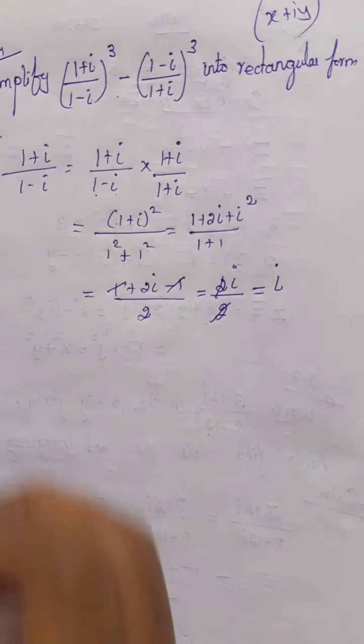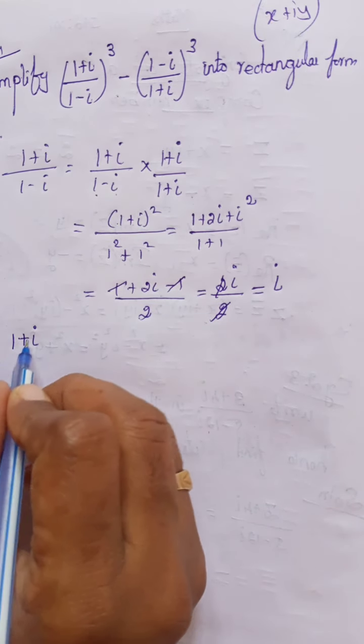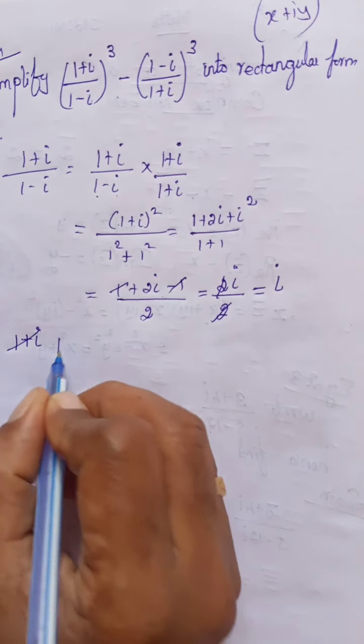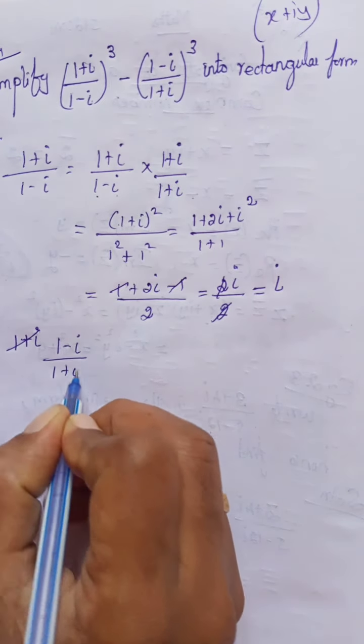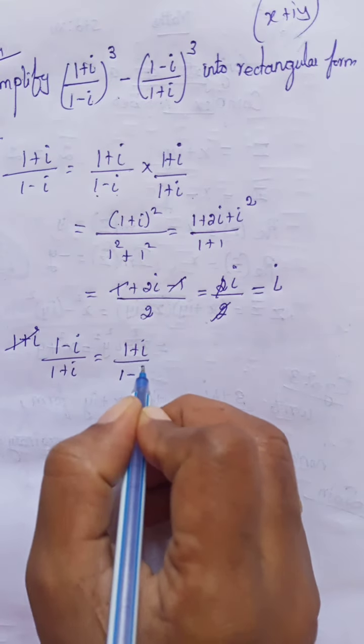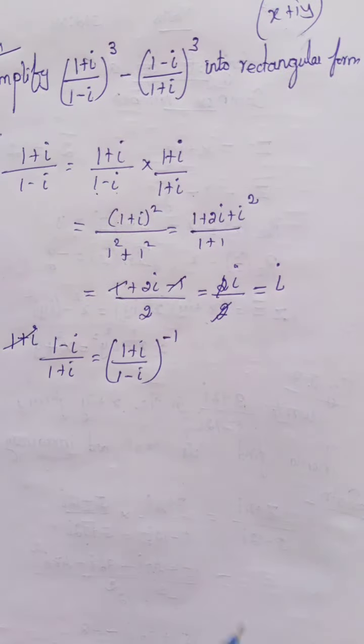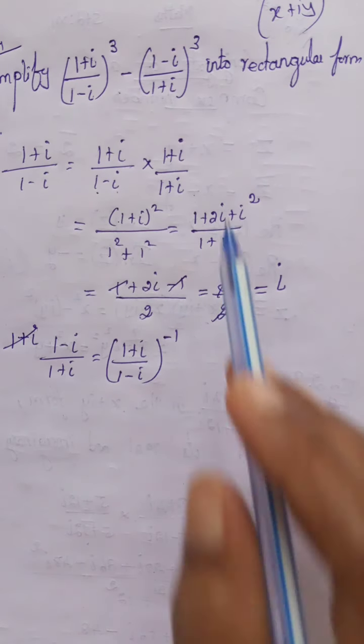Now the same way, see, (1 minus i) by (1 plus i) is equal to, I can write it as (1 plus i) by (1 minus i) the whole inverse. Or else you can find it in the same manner.